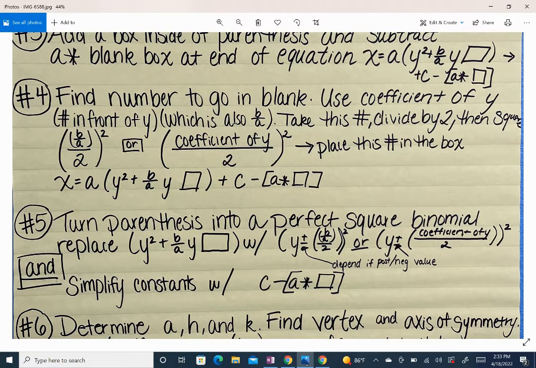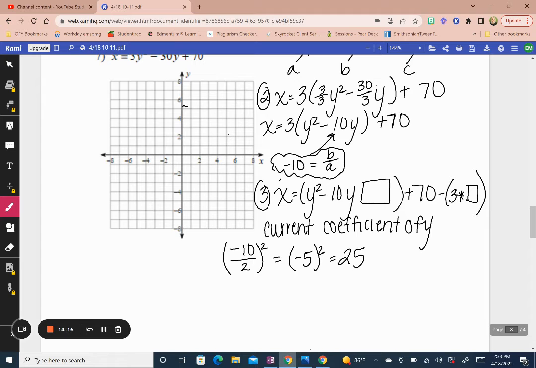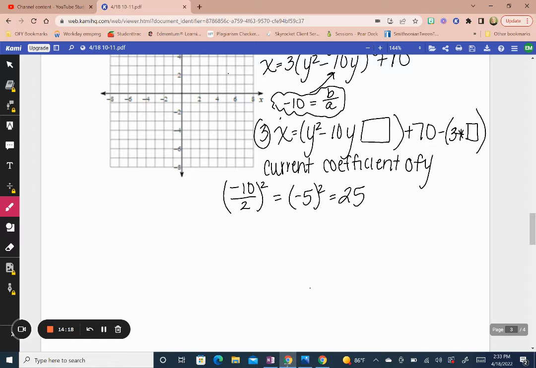So now your equation is going to look something like this. X equals a parentheses y squared plus your coefficient for y, which is b divided by a, and then our box. If it's a positive number, it's a plus. If it's a negative number, it's a minus. Plus c minus a times the box. So it's going to be x equals y squared minus 10y.